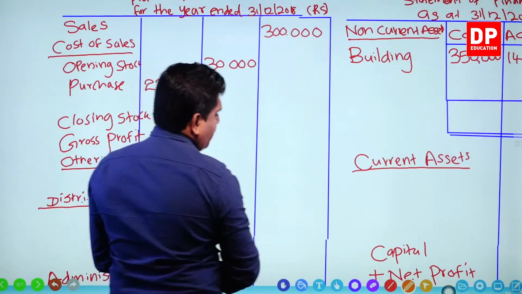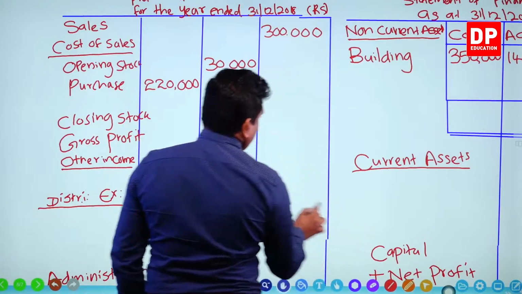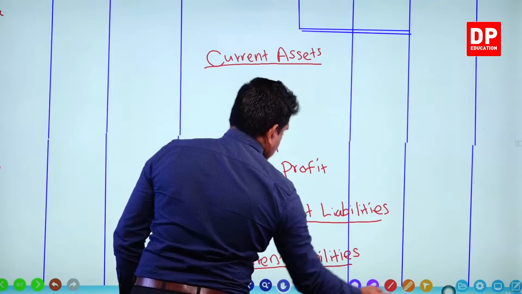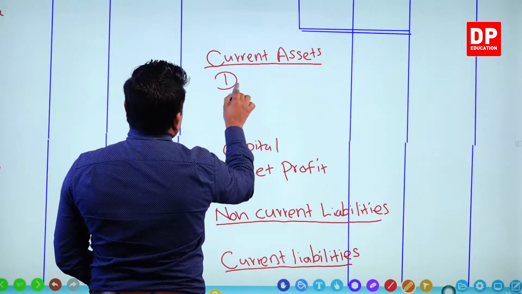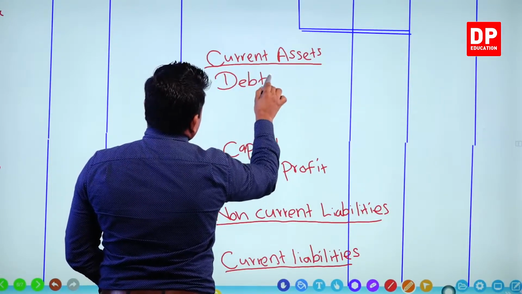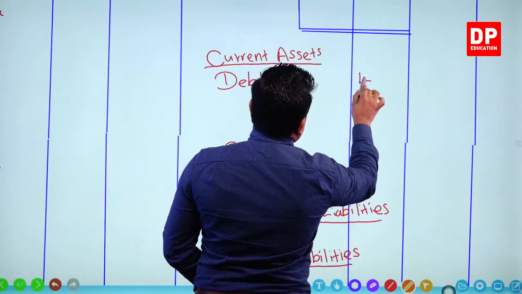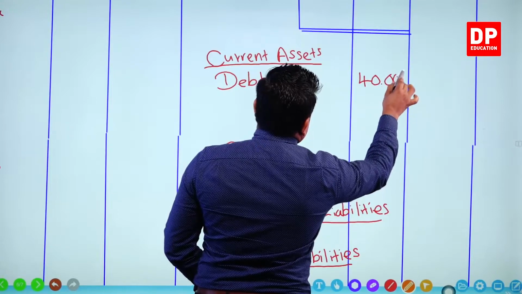Debtors 40,000, where we write it? Debtors we write under the current assets, no? How much? 40,000.